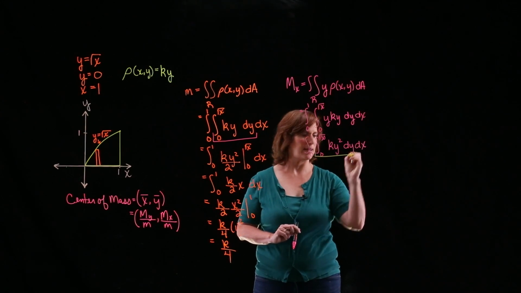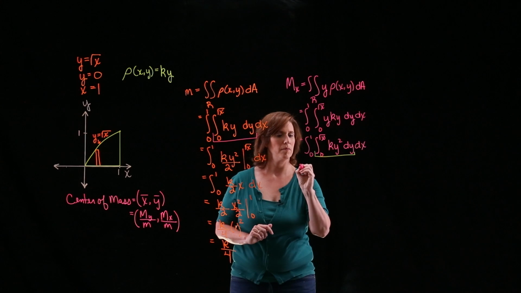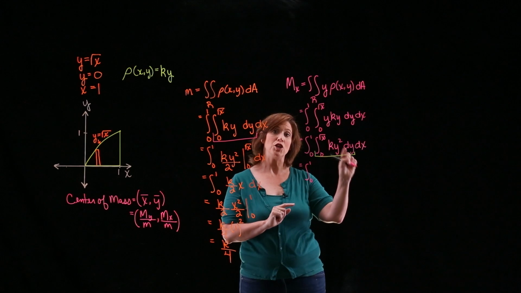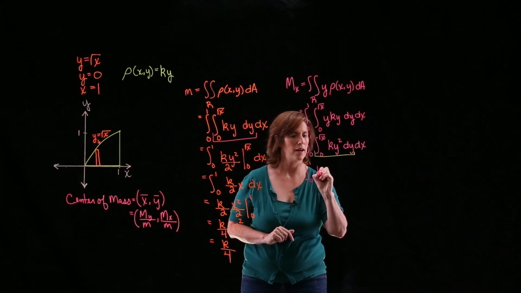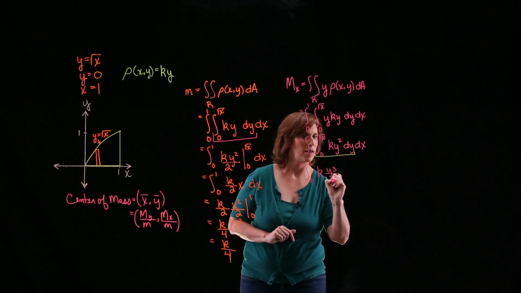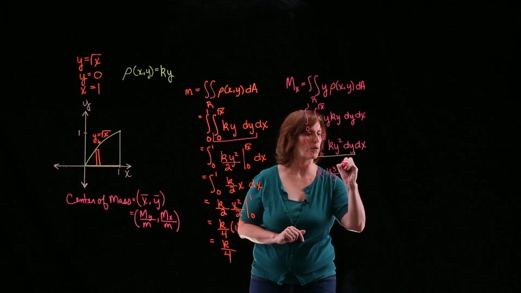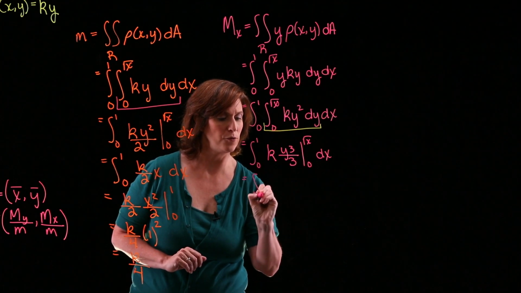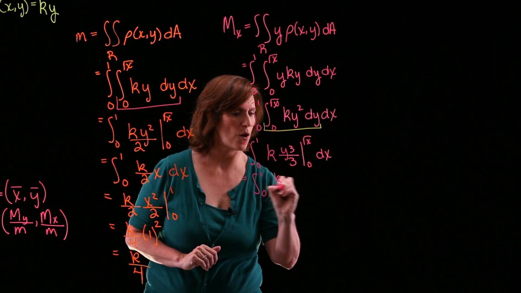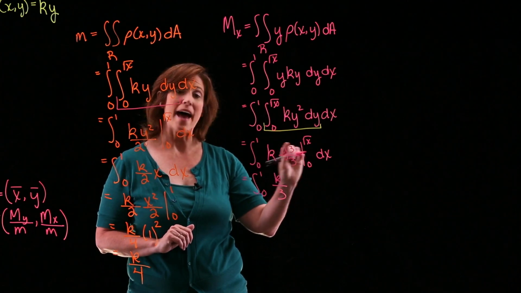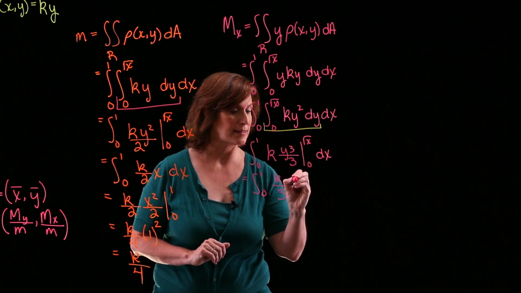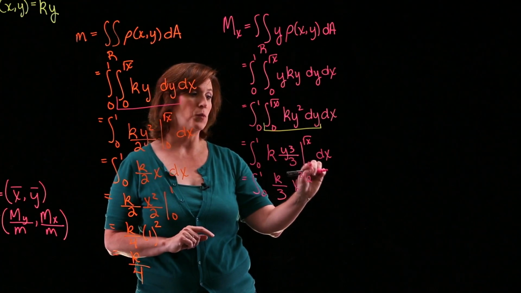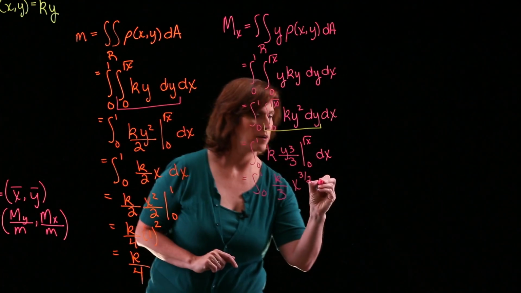Starting on the inside, this will be ky cubed divided by 3, evaluated from 0 to the square root of x, dx. So I have the integral from 0 to 1. I'll have k over 3, the square root of x cubed. So that's going to be x to the 3/2 power. Then I'll subtract what happens when I plug 0 in for y, which is just 0.